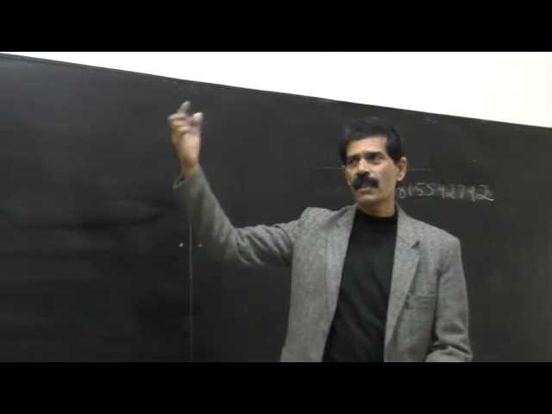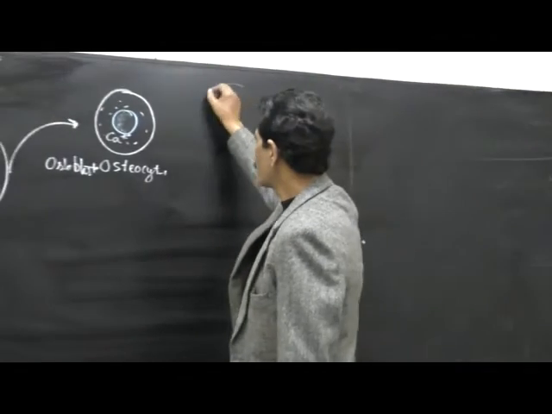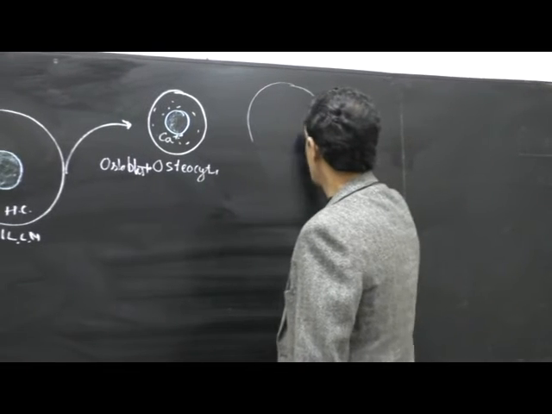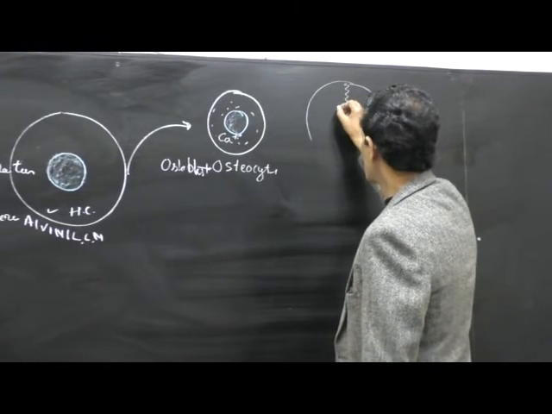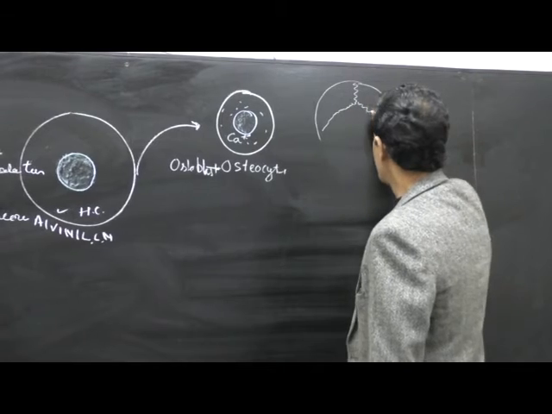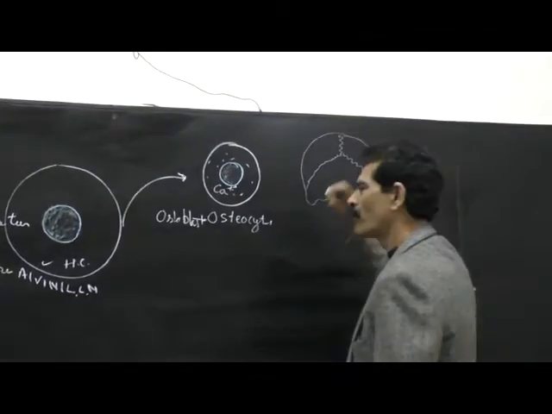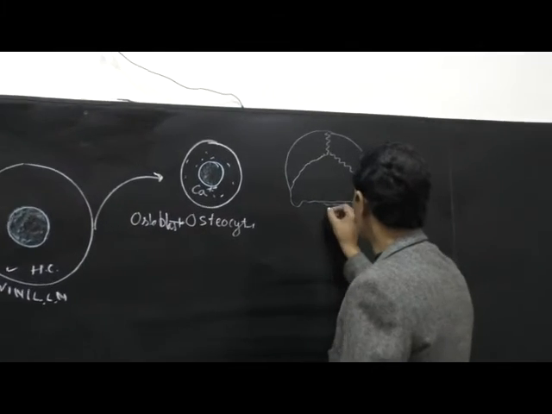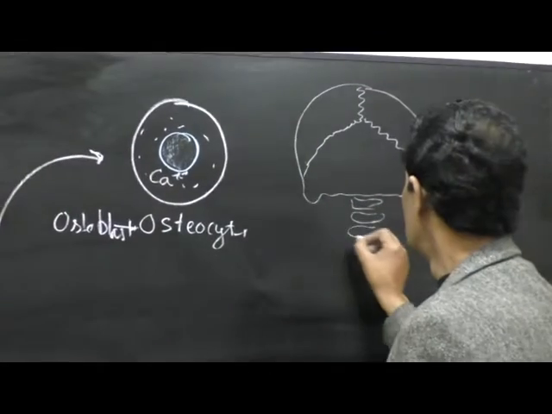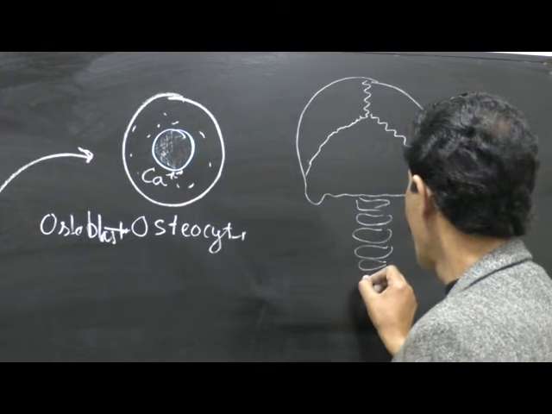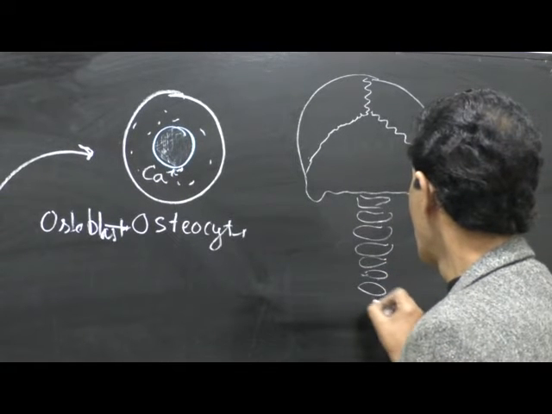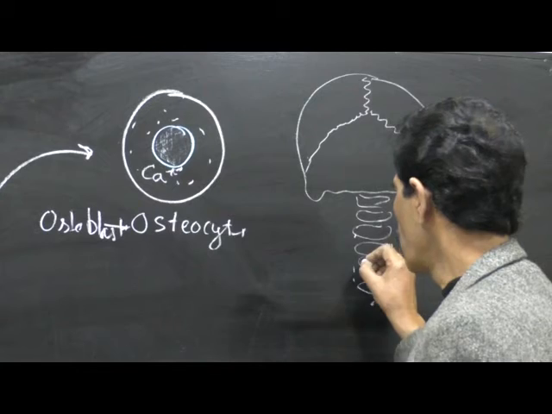So you have constructed the human body cell. You have constructed the skull, for example, and you have joined the skull with different types of bones. You have made the vertebrae also, the backbone. Then you have made the ribs.